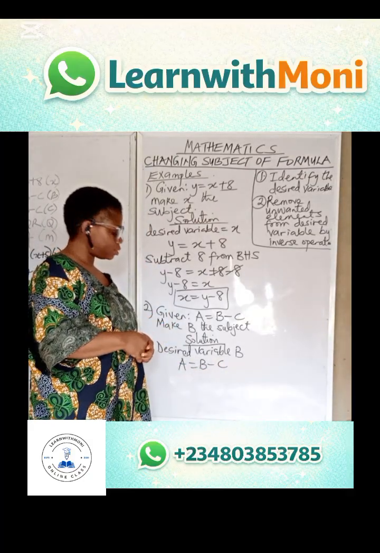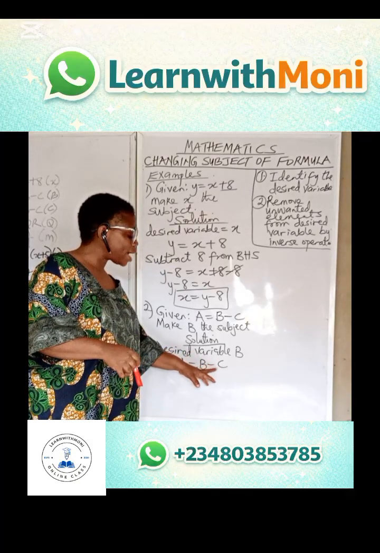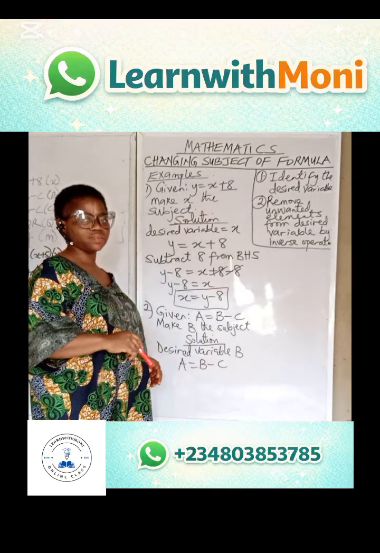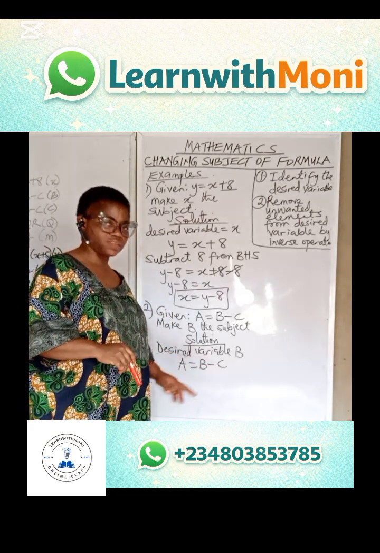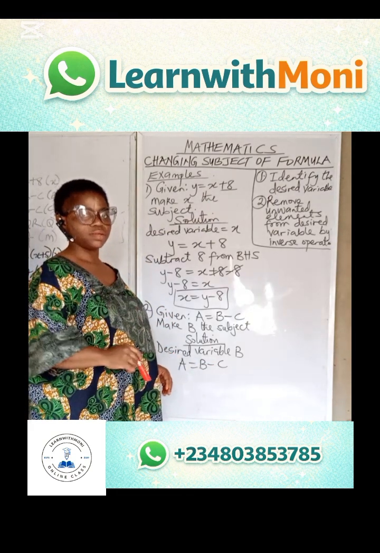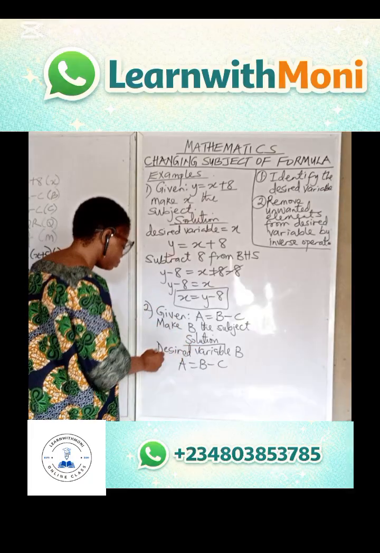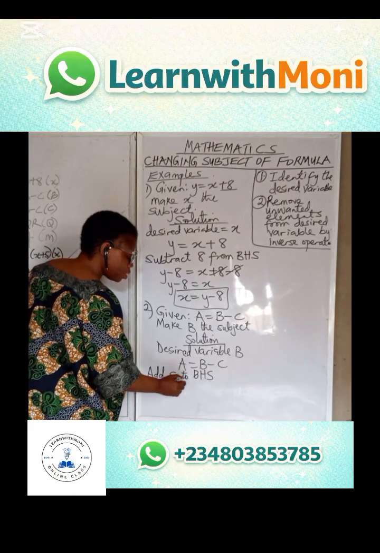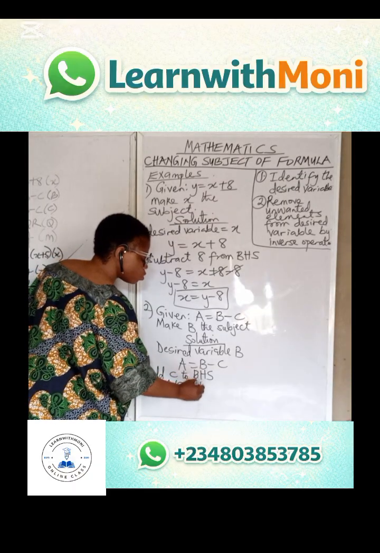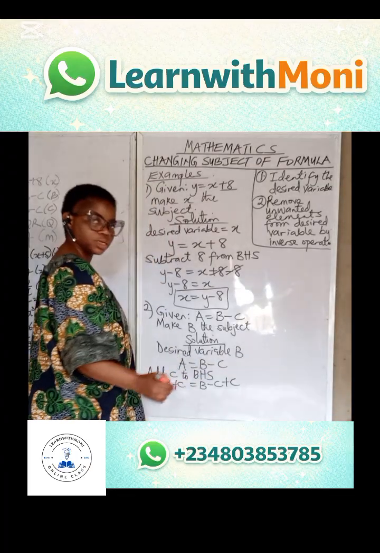Let us do that. To make b stand alone, we have to do the opposite of minus c, the inverse. The additive inverse of minus c is plus c. So we have to add c to both hand sides. So that I have a plus c equals to b minus c plus c.